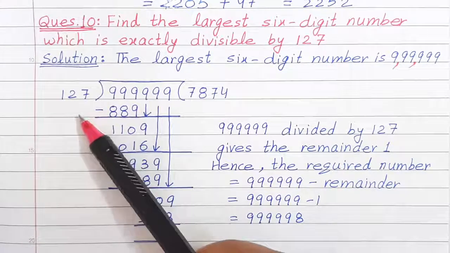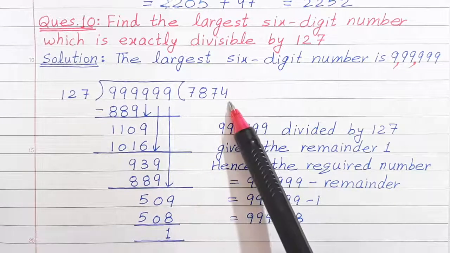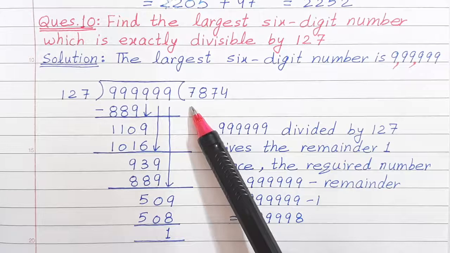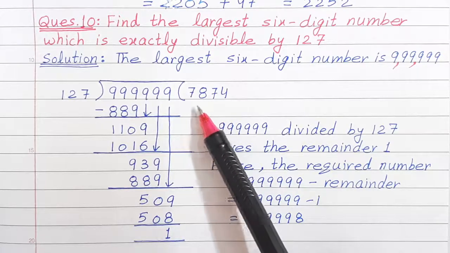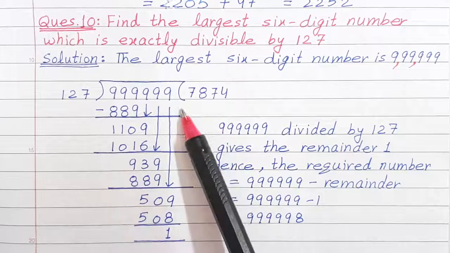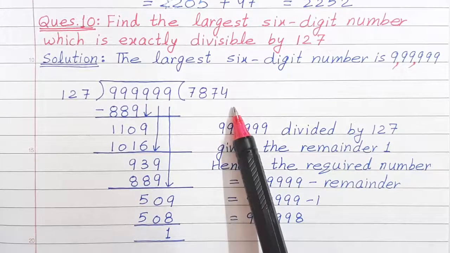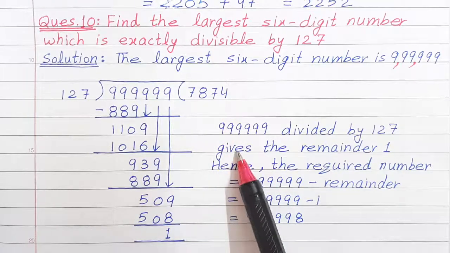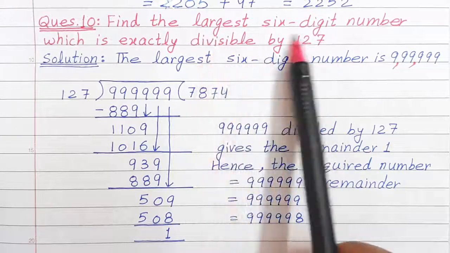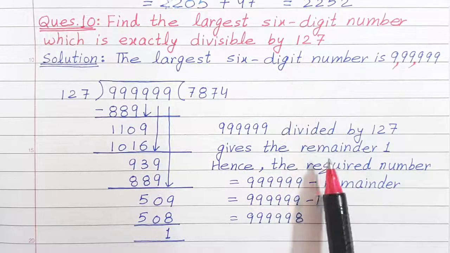Now after dividing the number by 127, the remainder is 1 and the quotient is 7,874. Now children, in order to get the largest 6-digit number which is divisible by 127, what we need to do?